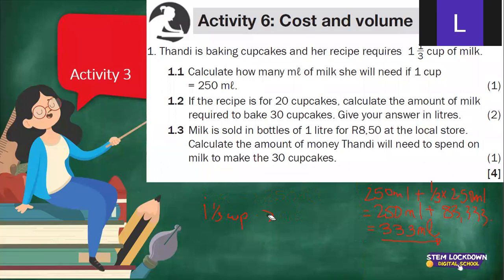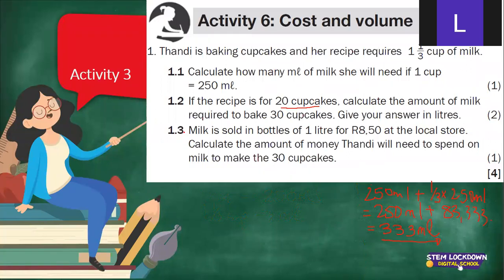For number 2, 1.2 says if the recipe is for 20 cupcakes, right? So this recipe gives you 20 cupcakes.